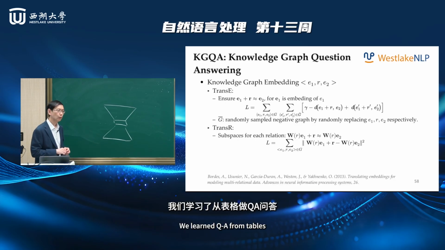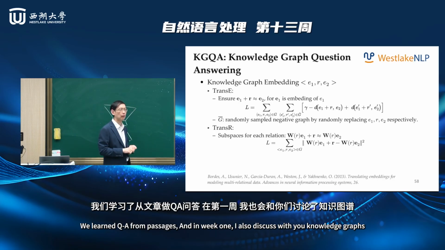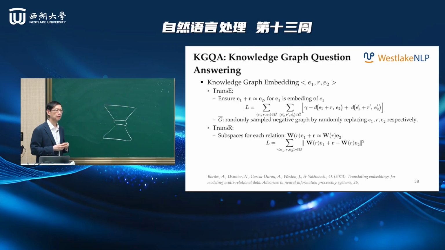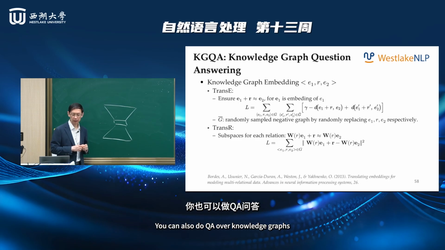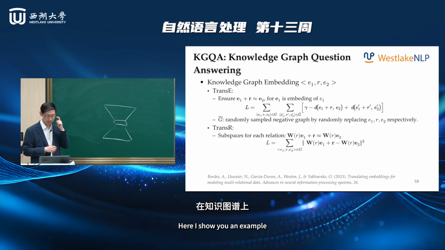We learned QA from tables. We learned QA from passages. And in week 1, I also discussed with you knowledge graphs. You can also do QA over knowledge graphs. Here I show you an example.